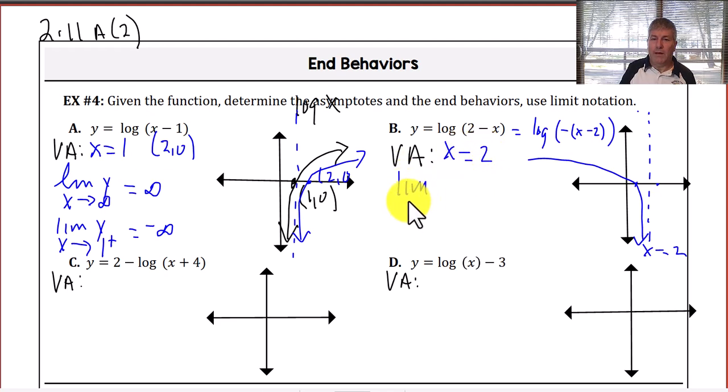The limit of our function y as x approaches 2 from the left-hand side is negative infinity, and the limit of our function y as x approaches negative infinity is positive infinity.